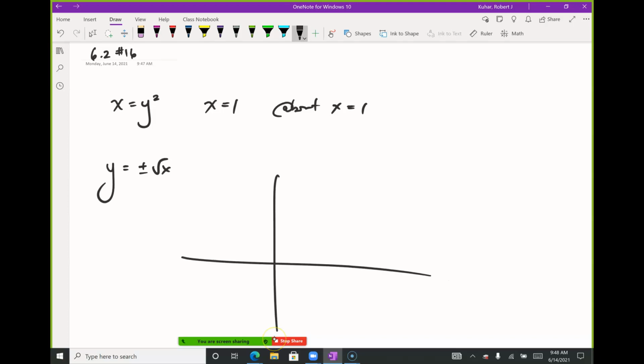So I already know that I'm doing this guy, right? Here's y equals plus square root of x, and this is y equals minus square root of x. And so that whole red curve is x equals y squared, right?